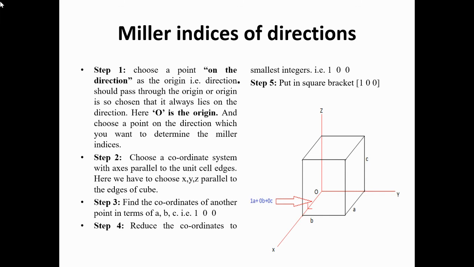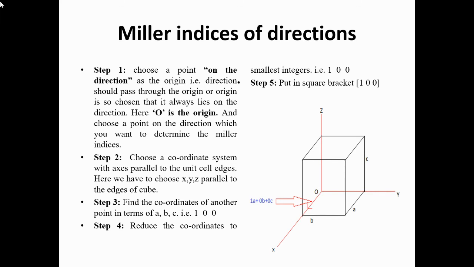Okay, so we will now determine the direction step by step. The first step is to choose a point on the direction as the origin. That means wherever the direction is given, you have to choose an origin point on the direction.